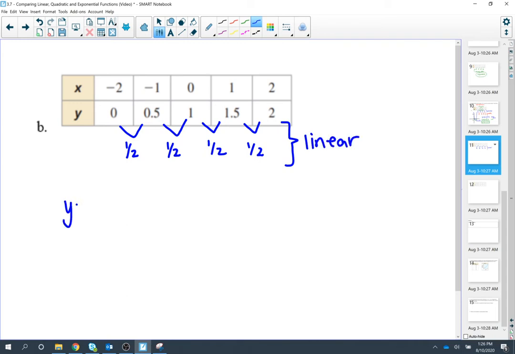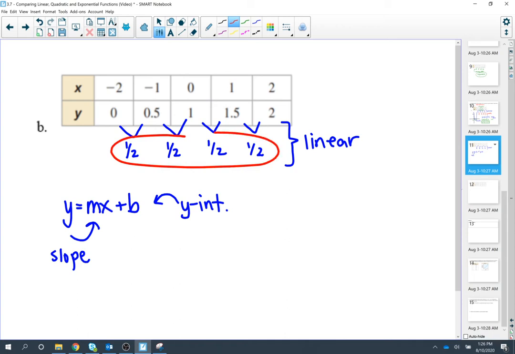Linear means y equals mx plus b. M, we said, was the slope. B, we said, was the y-intercept. Where's the slope? This is the slope. Okay, so your slope is your rate of change.